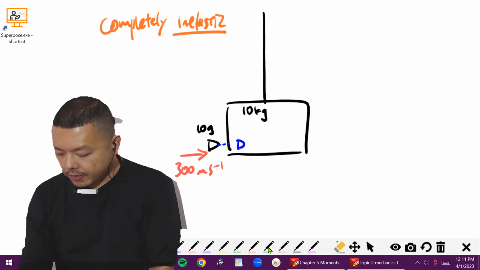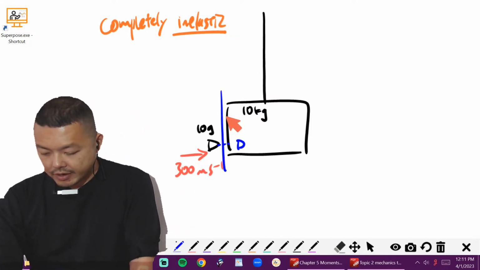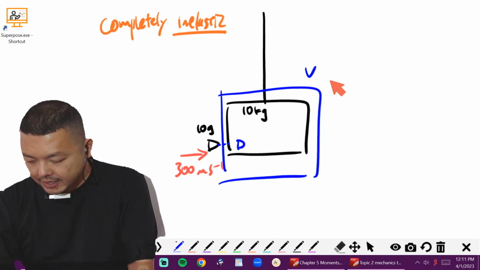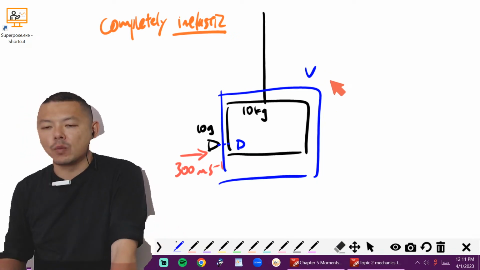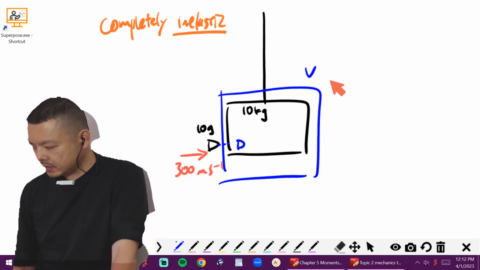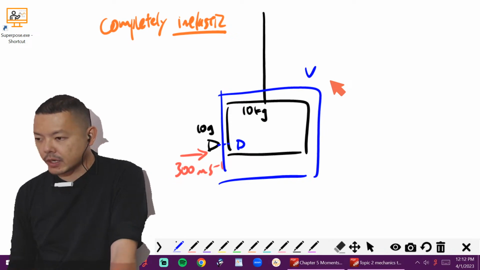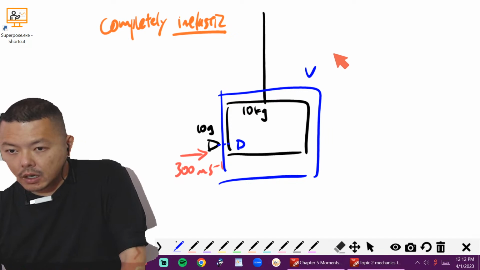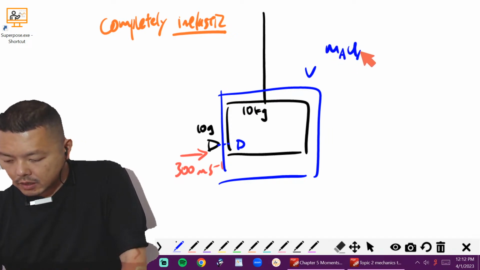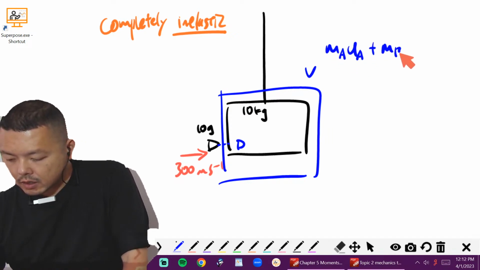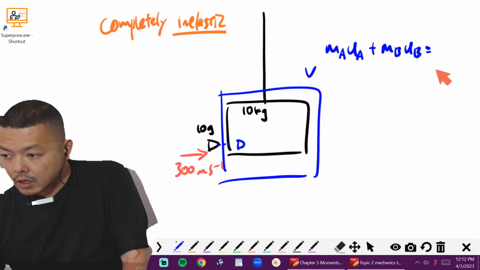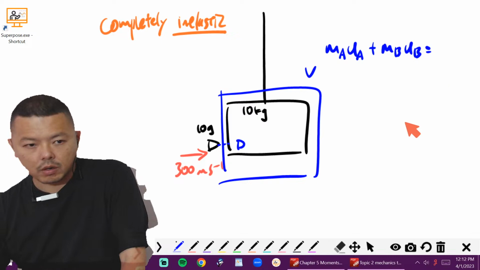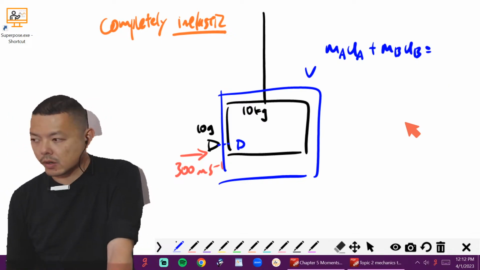So therefore, your job now is to calculate the speed after impact. What equation will you use? Which one? Read out the whole thing. Wrong, that's not the equation I taught you.